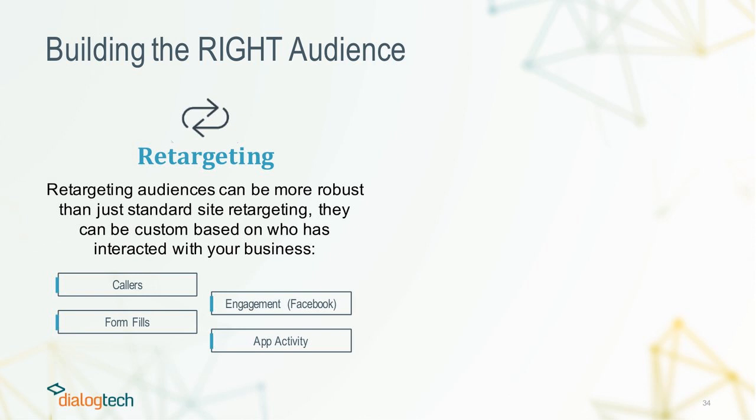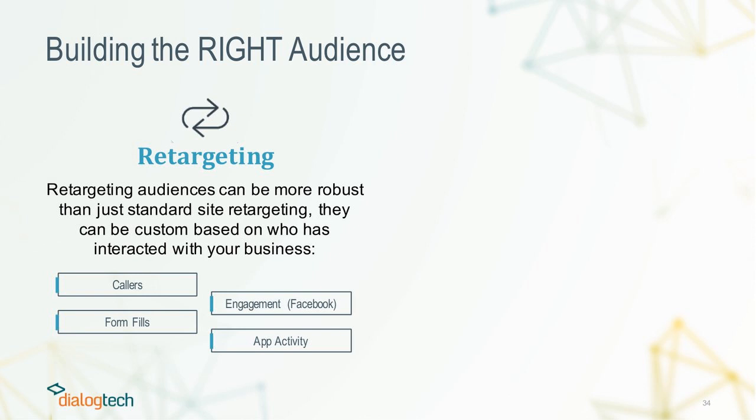If they filled out a form for one piece of content versus another piece of content, you can segment those audiences and feed them all back into Facebook as separate audiences that you can target with unique creative. If they do any type of engagement, people who like X or Y brand, people who share, you can retarget those types of users as well.